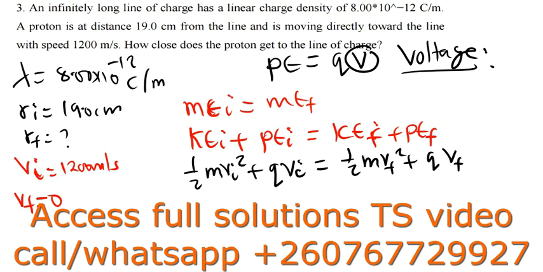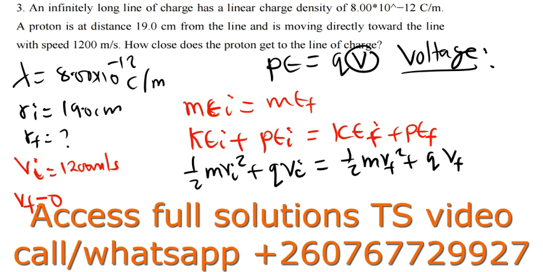Let's not confuse ourselves here: this is the velocity, but this is the charge times the voltage. The potential energy involves the voltage and not the velocity.